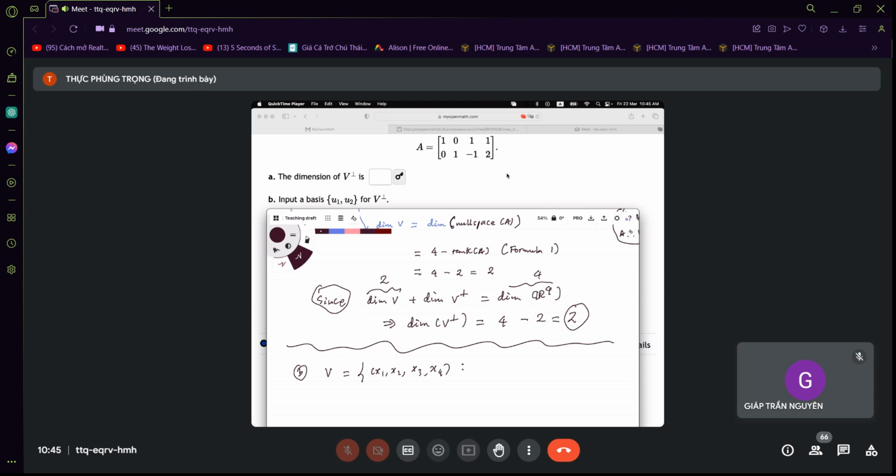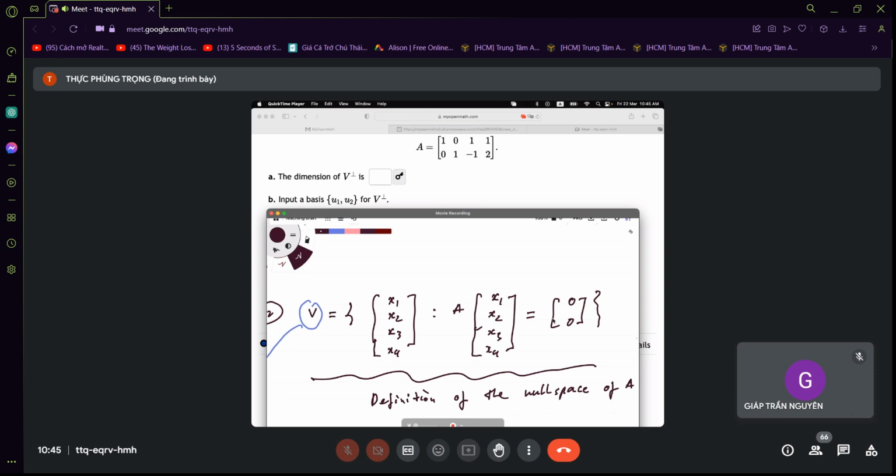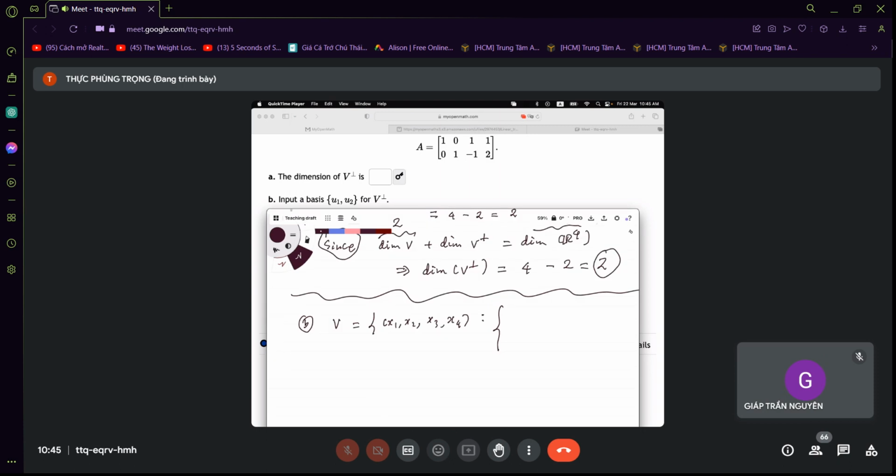So let me write it as a system right here. We have s1 plus s3 plus s4, and s2 minus s3 plus 2 s4, equals 0. Let's see what we get from A s equals 0.